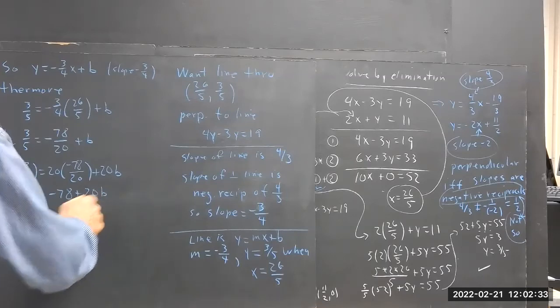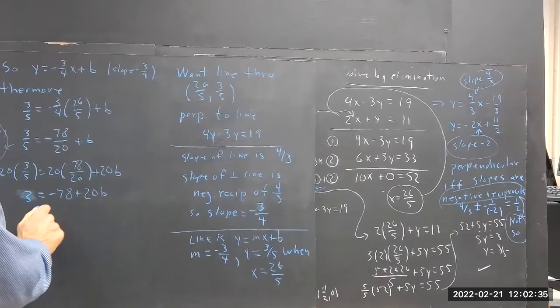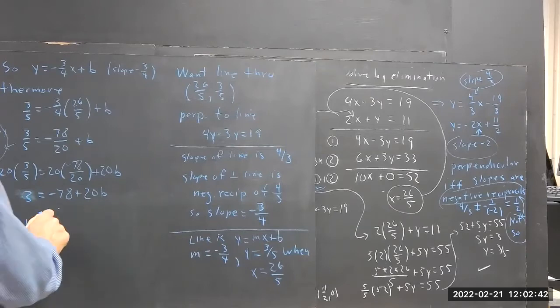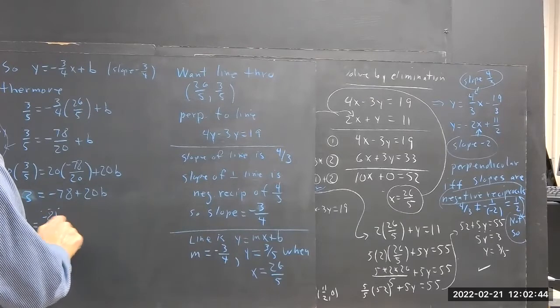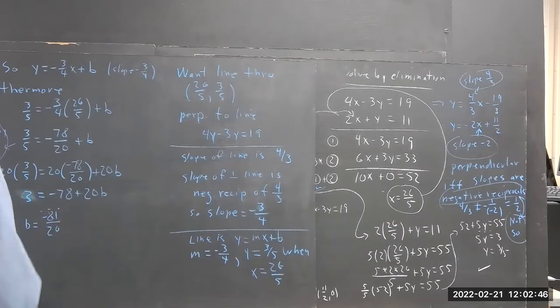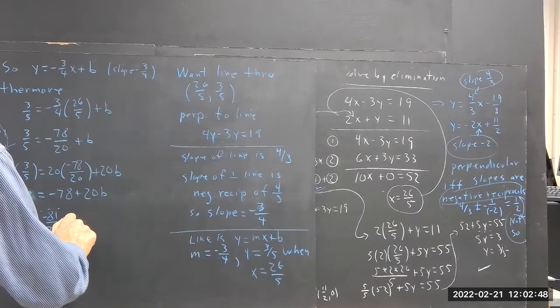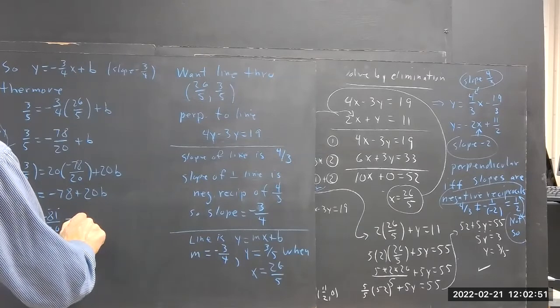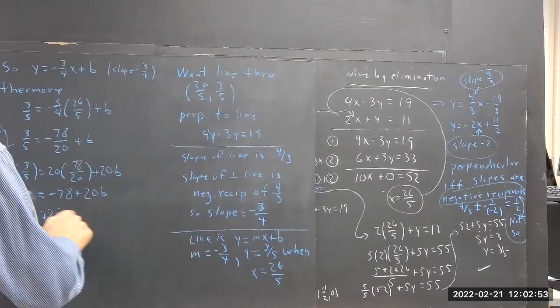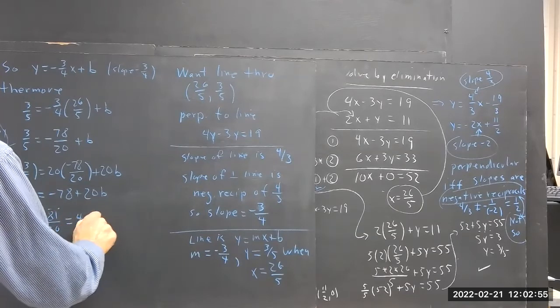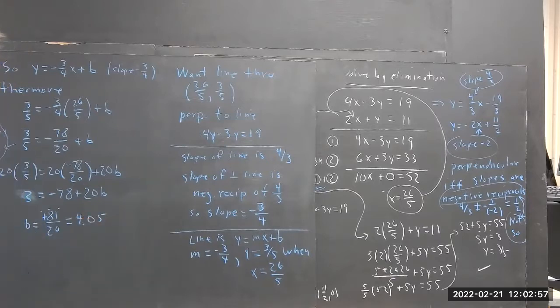Okay. So we get, actually, never mind. B is 81/20. That's even better than I thought. I said 4.1. It's 4.05.